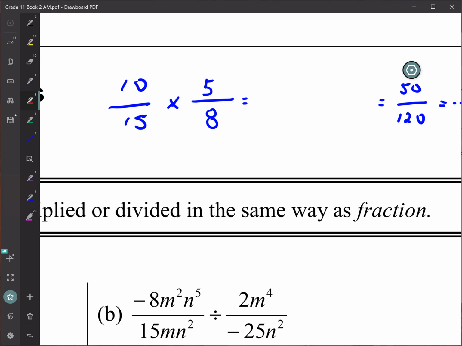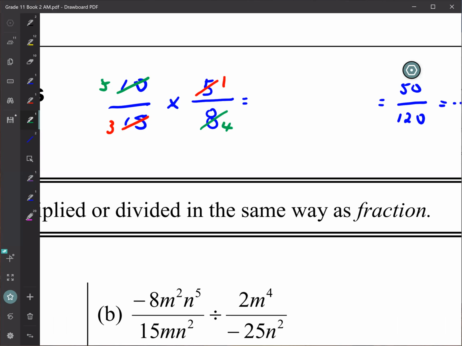Well, the 5 and 15, and the 10 and 8 can both be reduced. Right, so reduce the numerator with the denominator. So 5 and 15 will become 1 and 3, and the 10 and 8 can become 5 and 4. Yeah, very good.